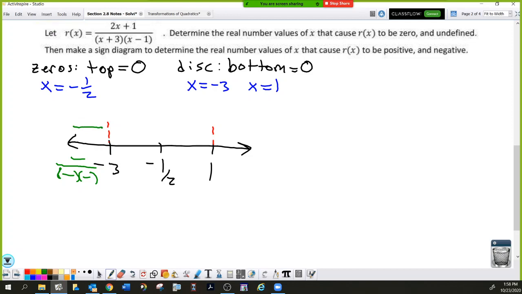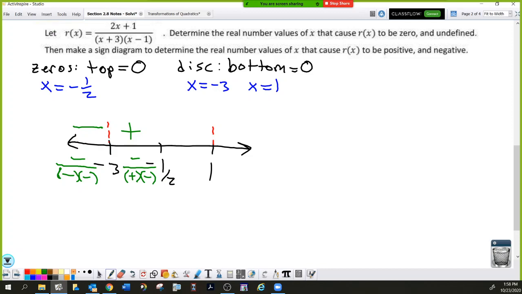Remember, an odd number of negative signs makes a negative. Let's see, what's between -3 and -1/2? How about -2? That one's pretty easy. -2 on the top would give me a -3, so a negative number. And -2 on the bottom is going to give me a positive times a negative. Positive because it has 2 negative signs.